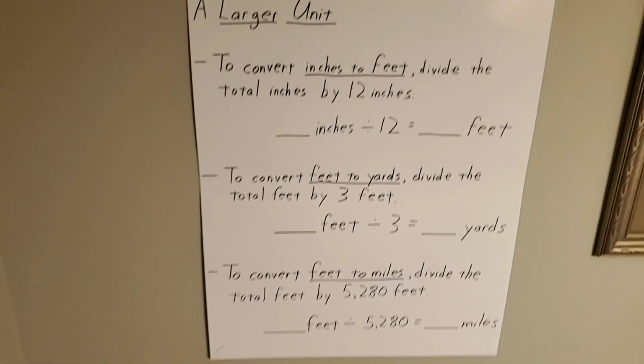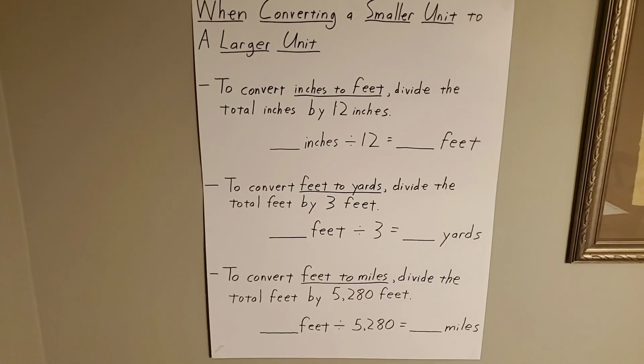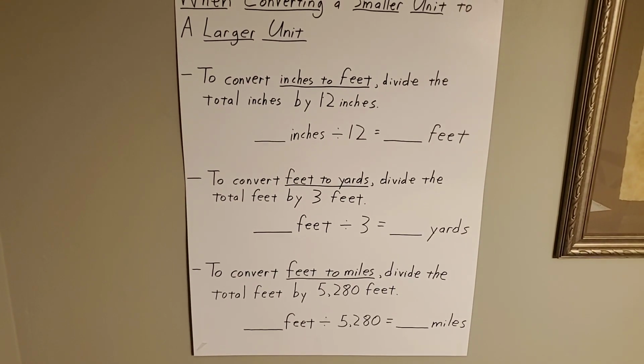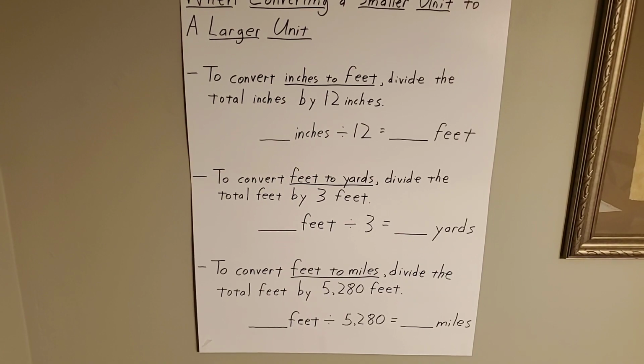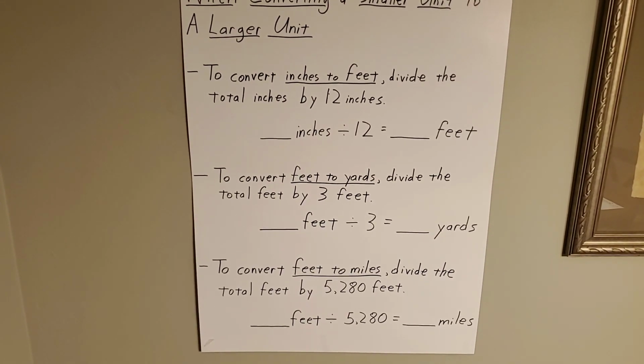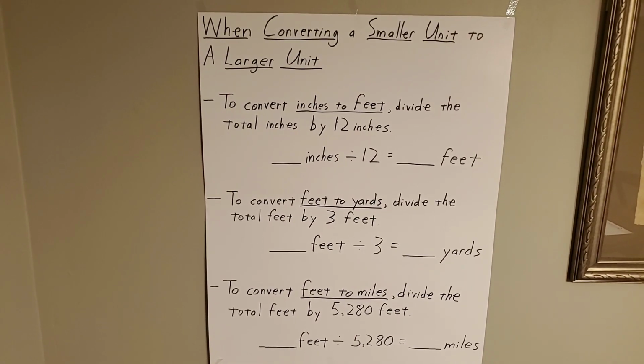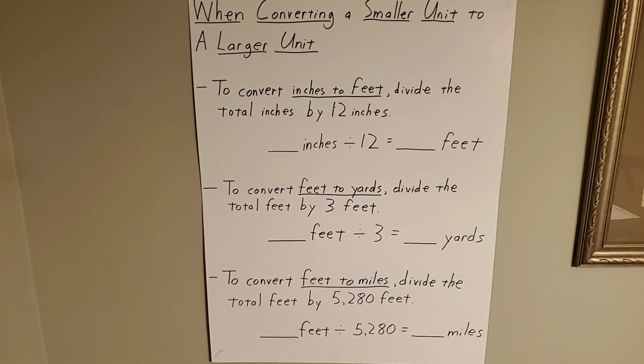So let me show you our cheat sheet one more time. Then we're going to go over today's assignment. This is the chart you're going to use to help you do this assignment. Okay, so let's go on to today's assignment.